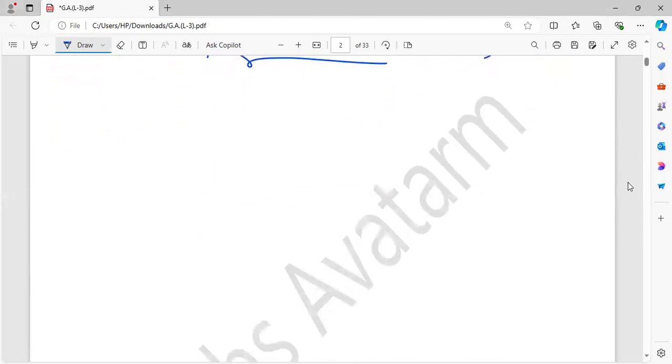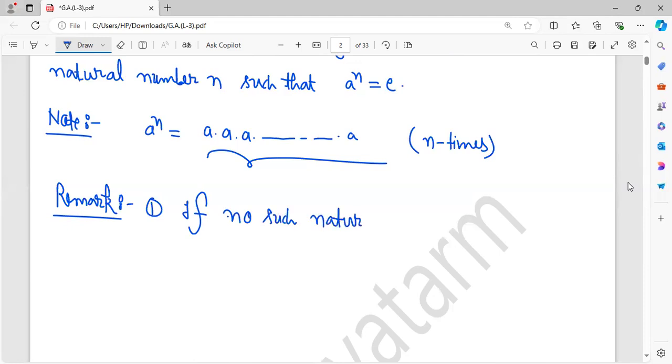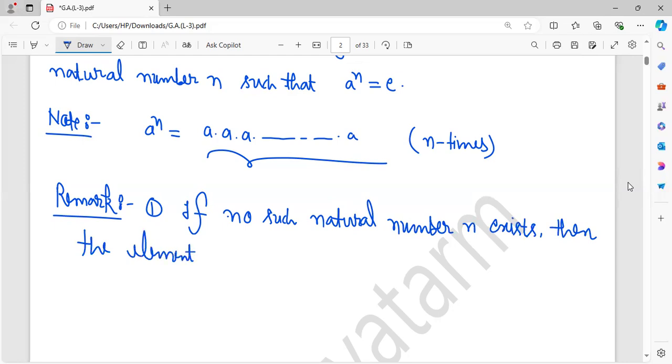So remark. If no such natural number n exists, then the element a is said to be of order 0.